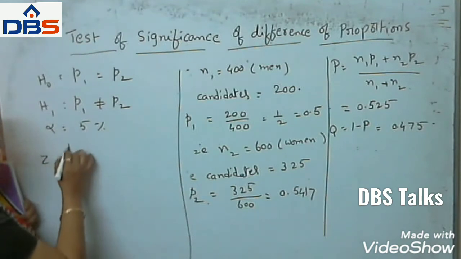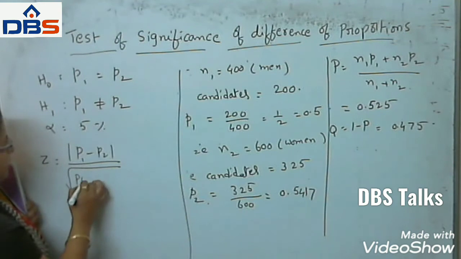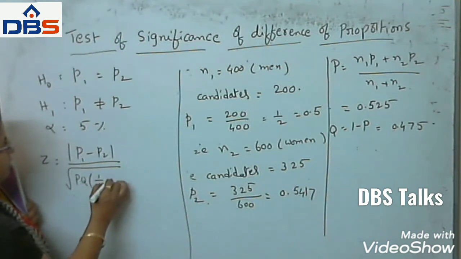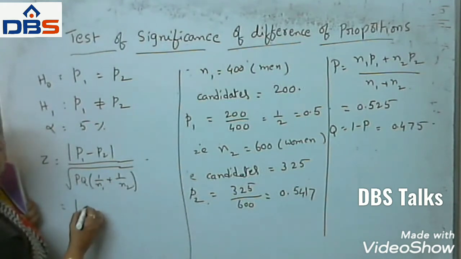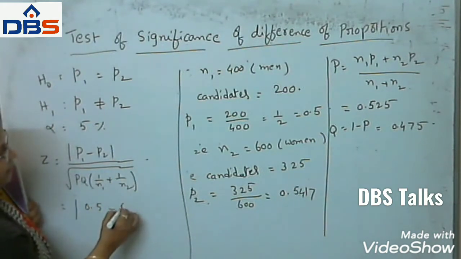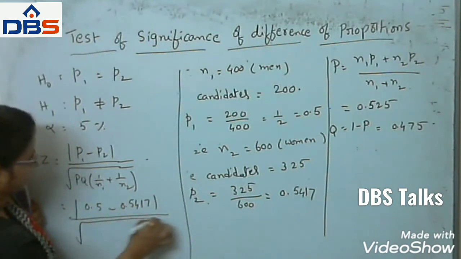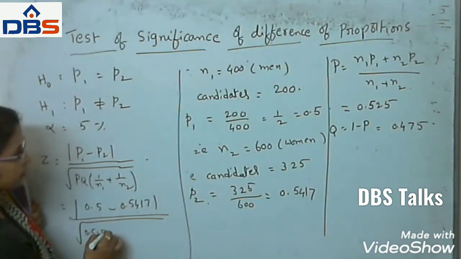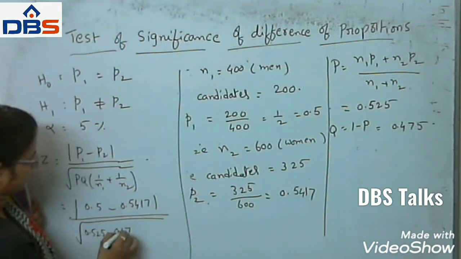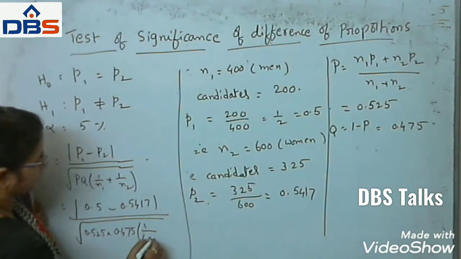For that, Z equals modulus of P1 minus P2 by root of PQ into 1 by N1 plus 1 by N2. So modulus of 0.5 minus 0.5417 by root of 0.525 times 0.475 times 1 by 400 plus 1 by 600.